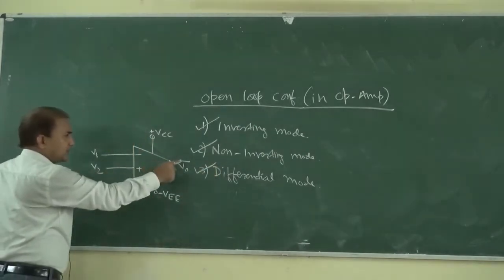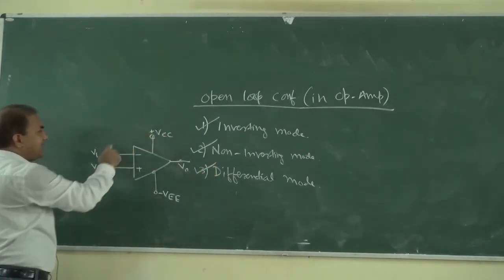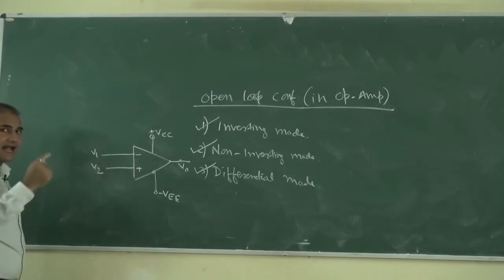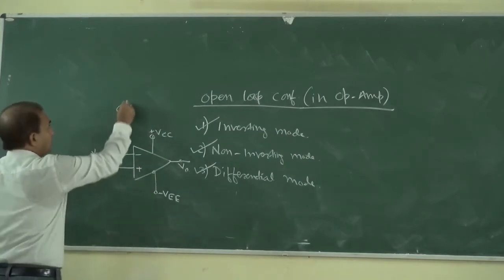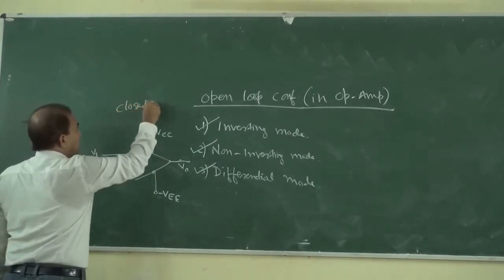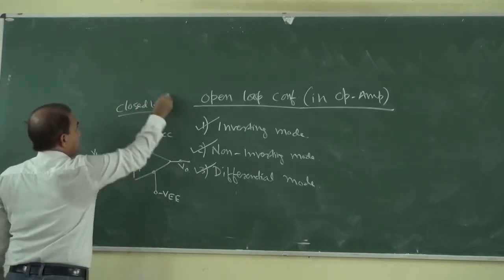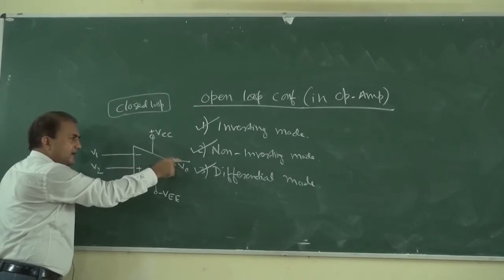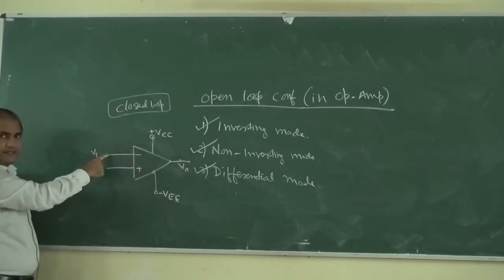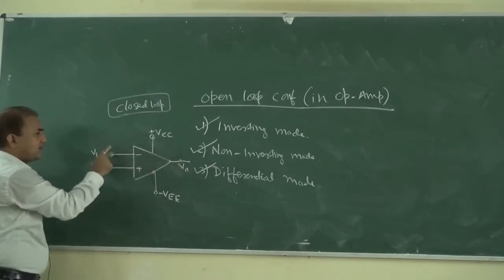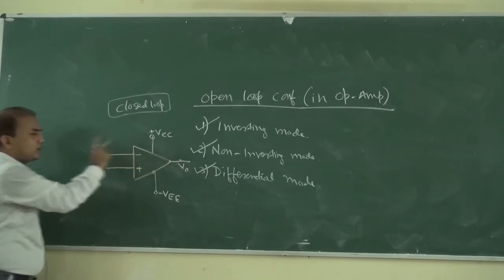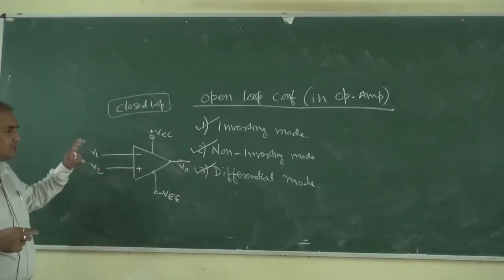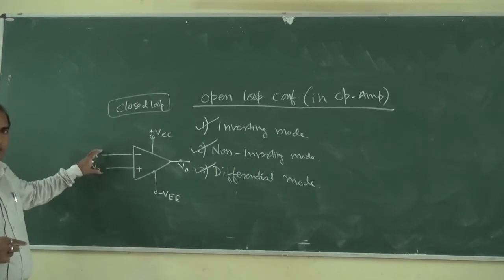In open loop, V output is not connected with any of the input terminals, and in case of closed loop, the output terminal will be connected to either of the inputs, to either V1, to either V2 or to both. Okay, so this is the condition in case of closed loop.